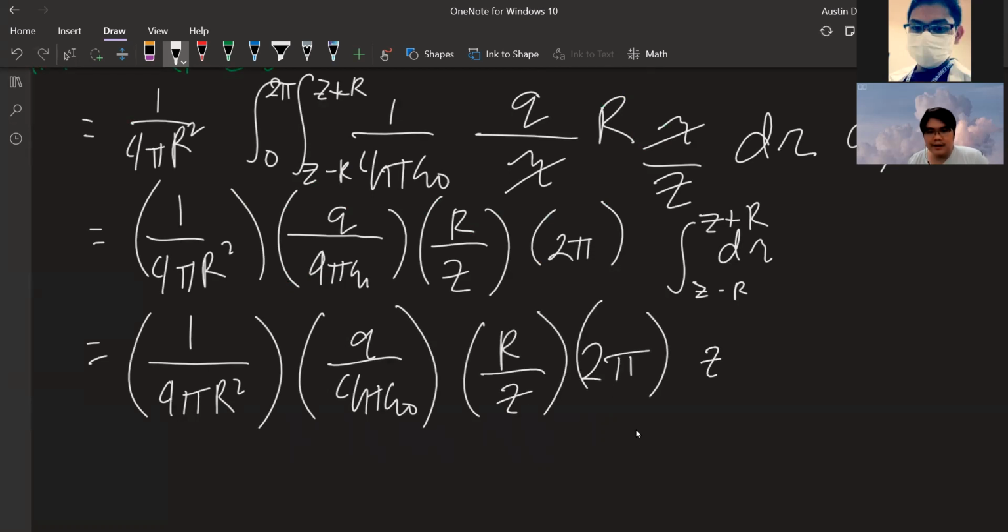Tapos ito ay z plus r minus z plus r. Tama? Kasi z plus r minus this whole thing. So minus z minus r. So naging positive yung r. And you have cancel. And this is 2r. Okay?